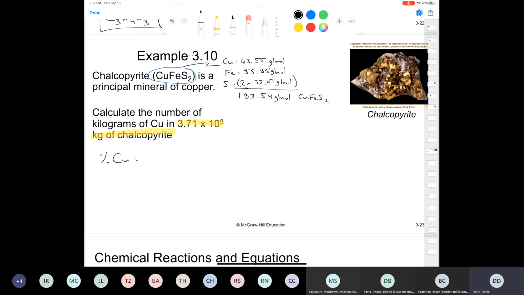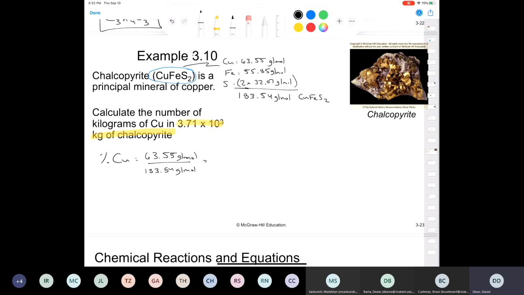Now I want to find the percent of copper in this. Well, there's only one copper atom in the whole thing, so it's going to be 63.55 grams per mole divided by 183.54 grams per mole for the whole thing. That's going to give me the percentage of copper in the entire thing.